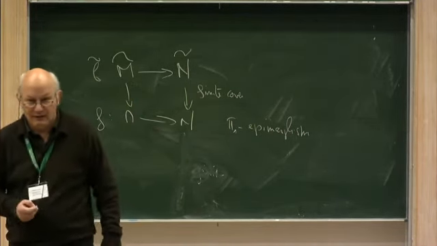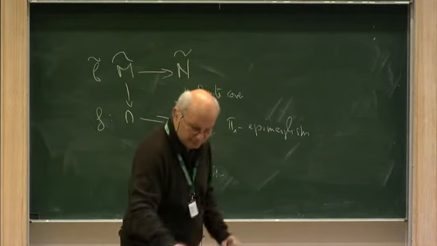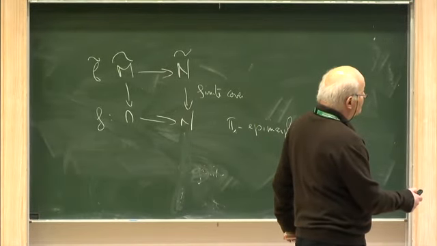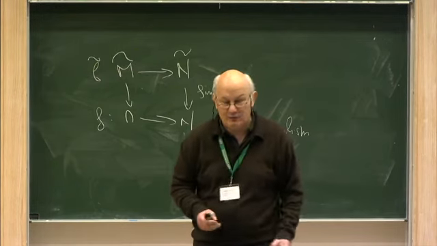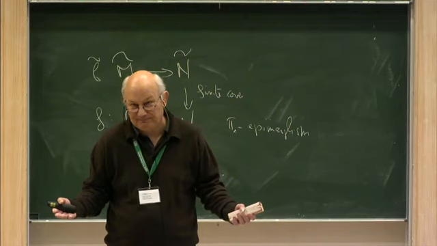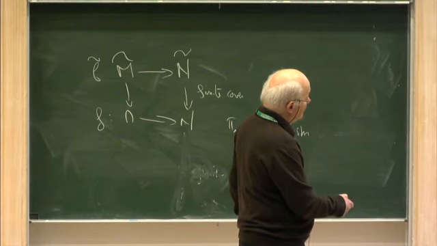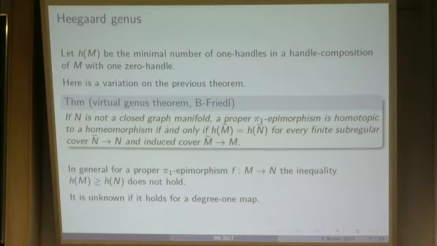You can build here closed, because if you have a closed manifold, any map is proper. So here you can build a closed manifold with an epimorphism onto some, say, hyperbolic manifold, and such that the Heegaard genus here is strictly smaller than the Heegaard genus here, and you can even make the discrepancy as big as you want.